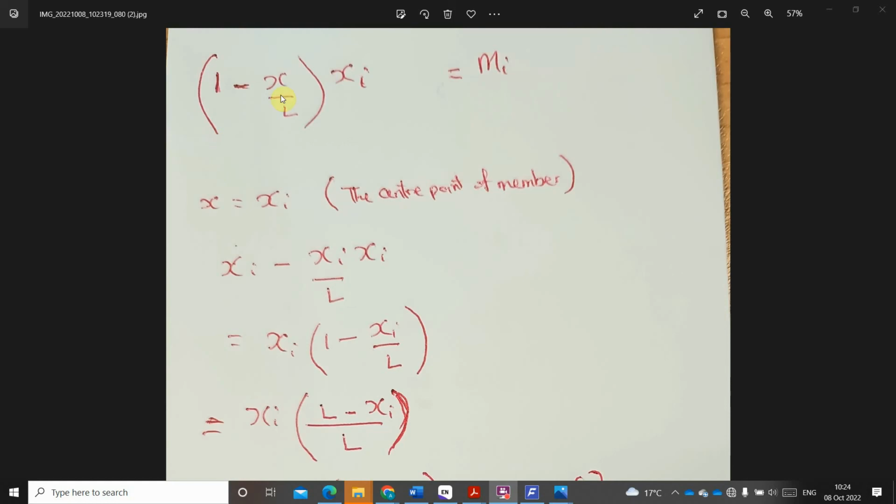Now at the center point, this S is going to be Xi, that is the distance traveled at the center point.